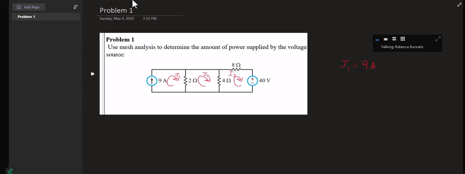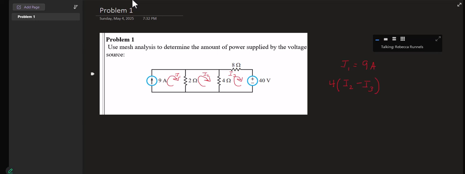So now for I2, as I go around this middle loop, when I come to a resistor, the voltage drop across that resistor is going to be the value of the resistance times the current going in the direction that I'm traveling, and then minus any current that's going in the opposite direction. So anytime you come to a branch that's shared between two loops, you're going to have the current for that loop minus the current for the other loop.